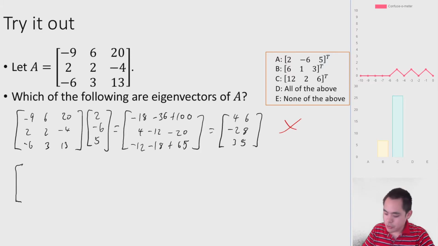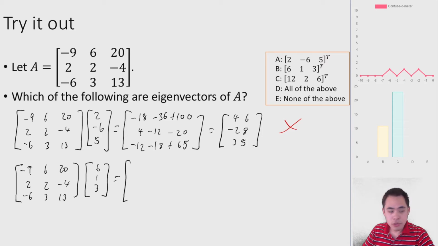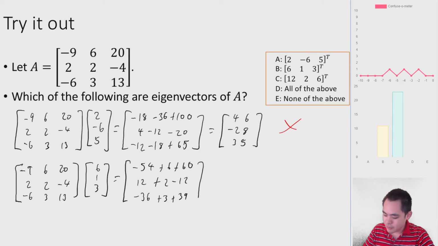And, well, let's see what happens when we do B. Minus 9, 6, 20, 2, 2, minus 4, minus 6, 3, 13. And let's say 6, 1, 3. So this is going to be equal to minus 54 plus 6 plus 60, 12 plus 2 minus 12, and minus 36 plus 3 plus 39.